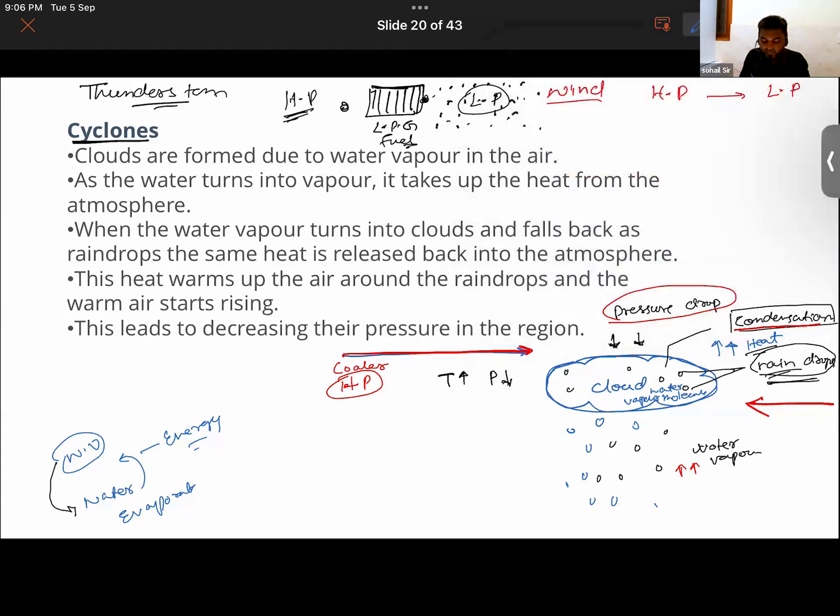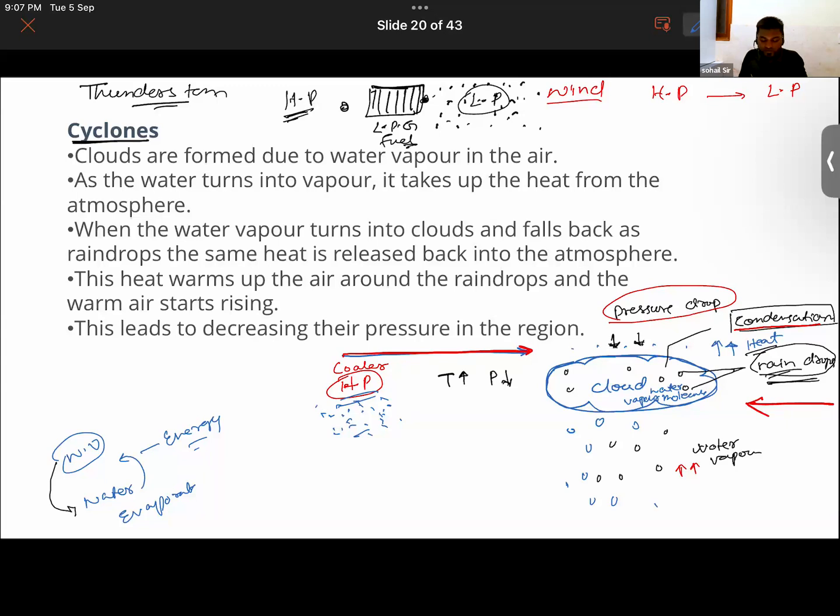Same thing happens here. This cooler air has a higher pressure because more air molecules are concentrated at this region. Getting it now? While here, air molecules are not very concentrated. They are at some distance from each other, hence they have a lesser pressure.